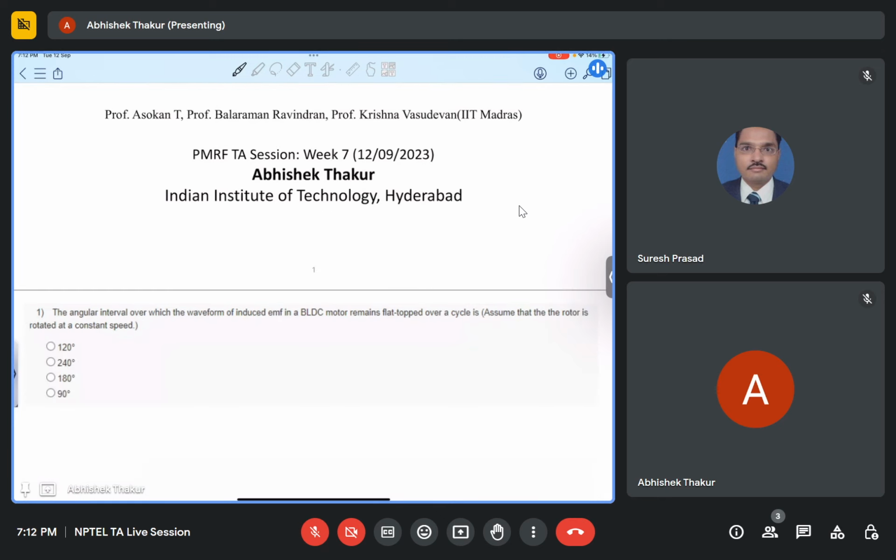So the first question is: the angular interval over which the waveform of induced EMF in a BLDC motor remains flat-topped over a cycle is.